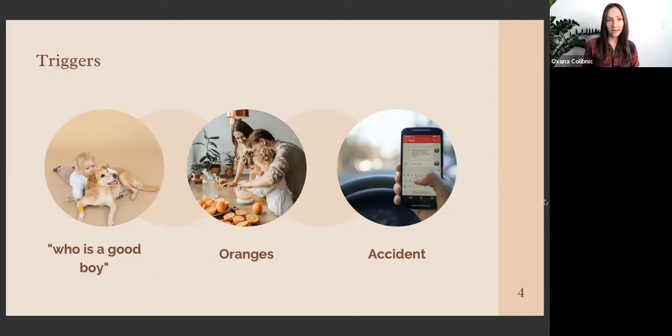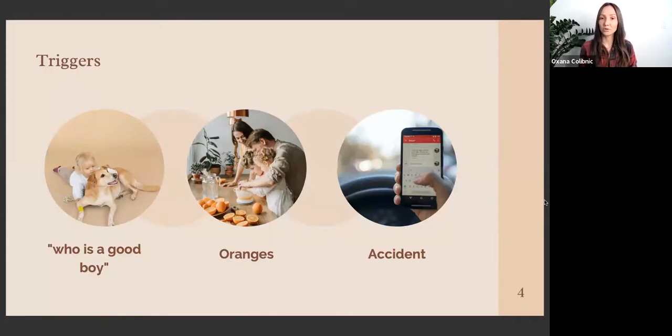Or for example, let's say another little child, or the same one, is eating oranges while their parents are arguing. In that situation, depending on the little child's perception, if the argument is scary for the child, then the child's subconscious mind might record it as a dangerous situation, and it might create some kind of reaction towards the oranges, which some of us might know as allergies.